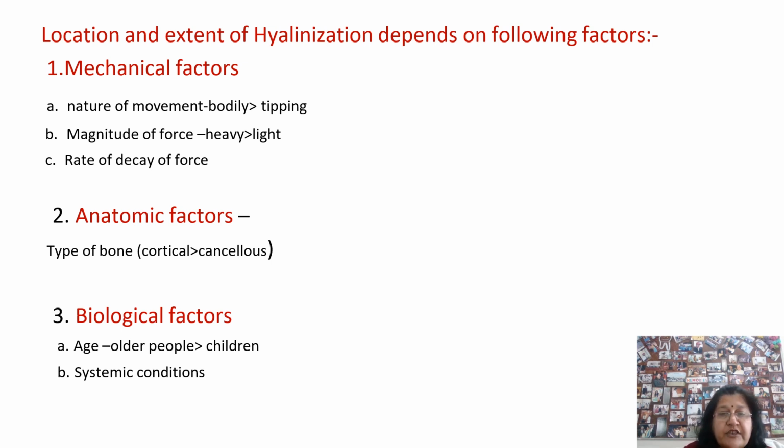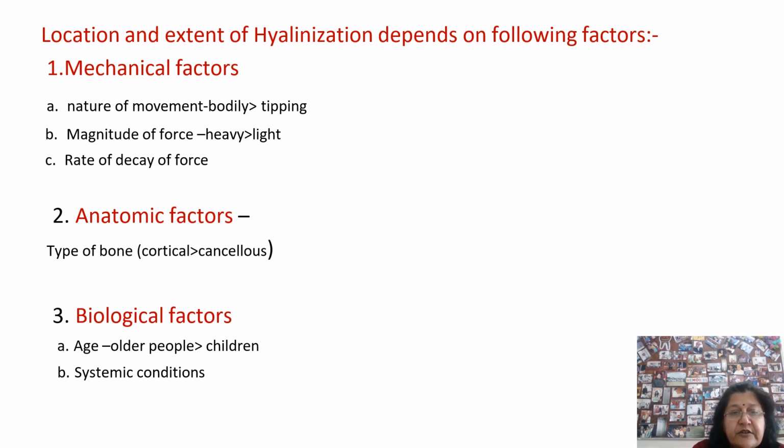Now, the location and the extent of hyalinization depends on the following factors. That is, how much hyalinization will take place depends on mechanical factors: the nature of tooth movement, whether it is bodily or tipping, the magnitude of force, whether it is heavy or light, and the rate of decay of force, whether it is applied continuously or for a short period of time.